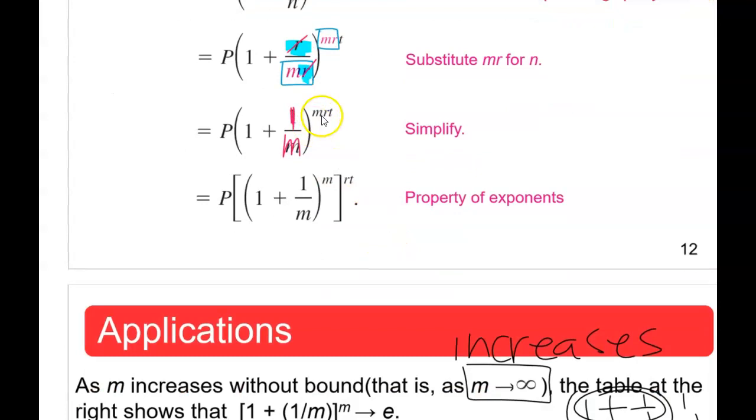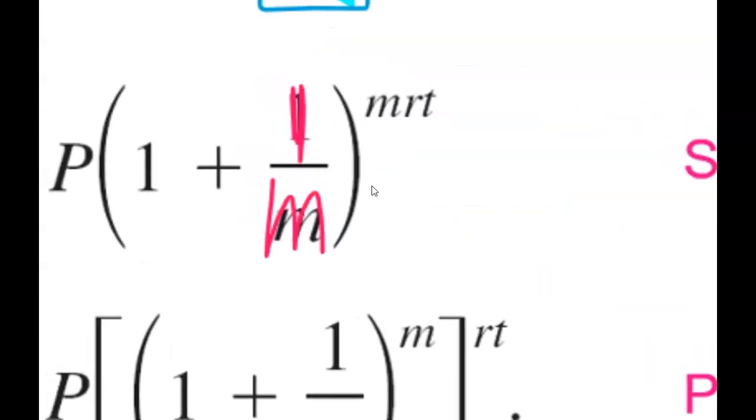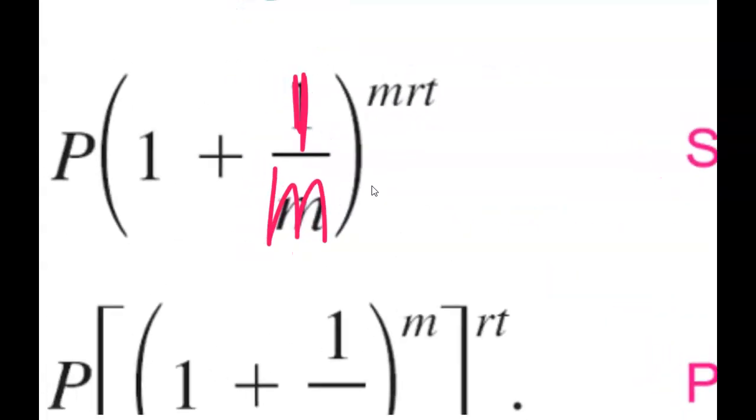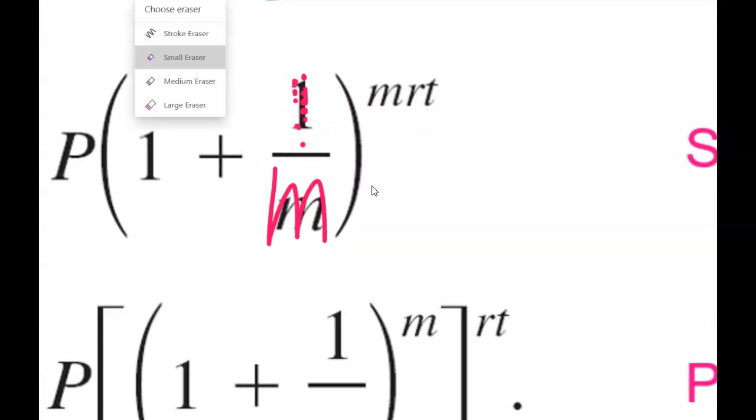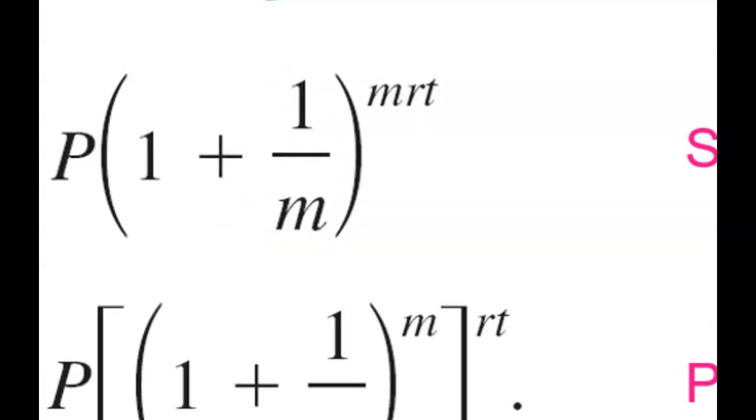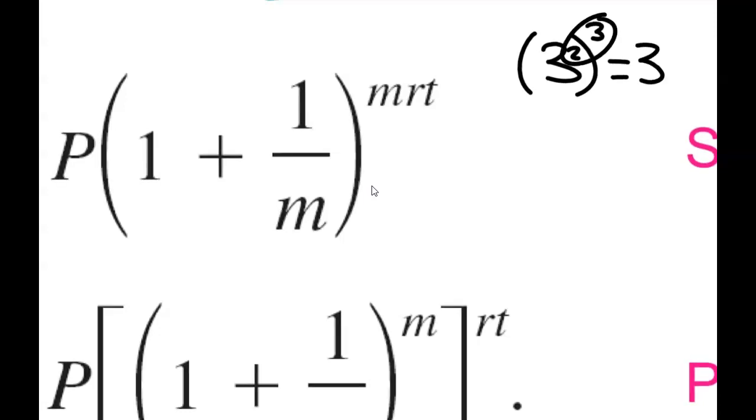So if we simplify that by one of the laws of exponents, if you are doing something like the power of a power, that's one of the properties. If you have 3 squared and then you have a 3 here, what you have to do is multiply the exponents, so it will be 3 to the power 6.